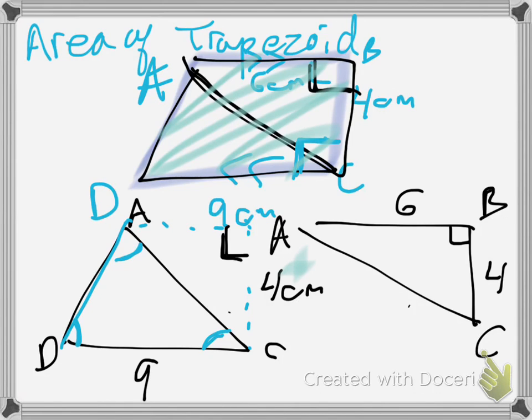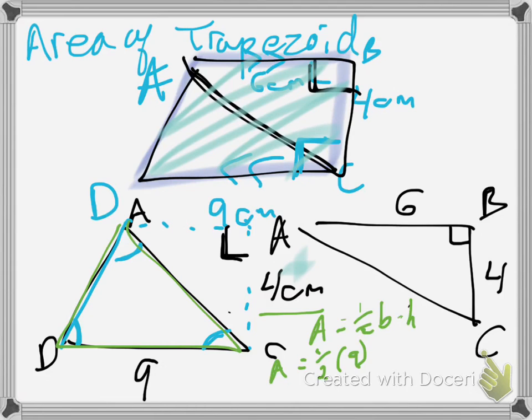We know that area equals 1/2 base times height. So for triangle ADC, we can say area equals 1/2. Our base is 9. Our height is going to be this 4 centimeters because that's where our right angle is. So area equals 9 times 4 is 36, times 1/2 is 18.